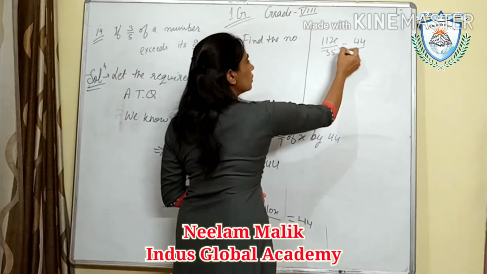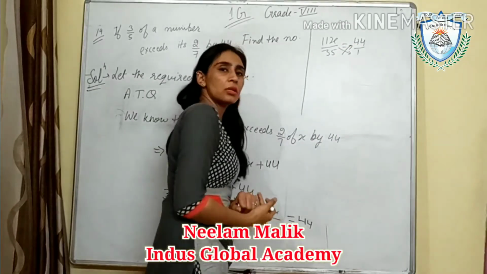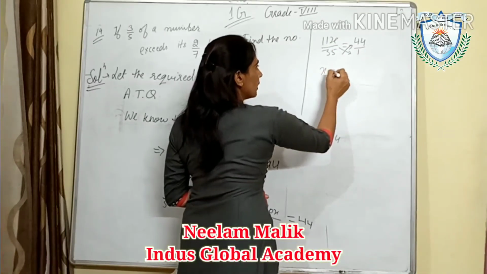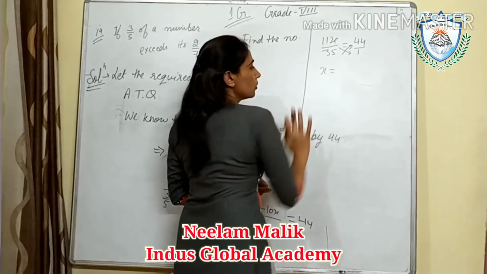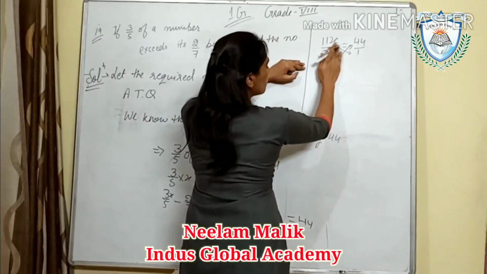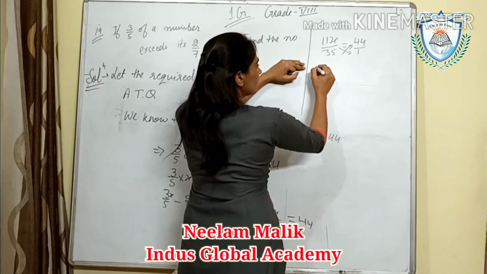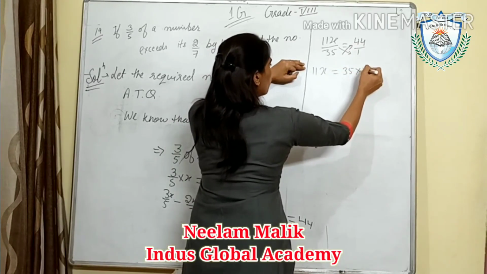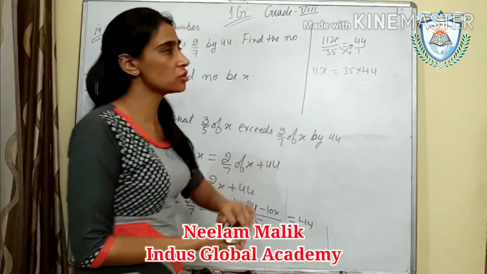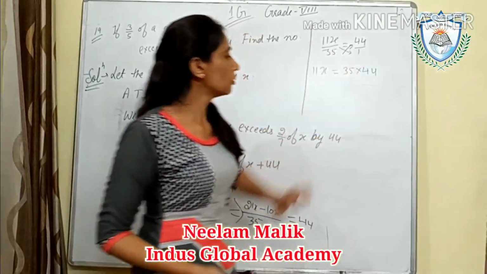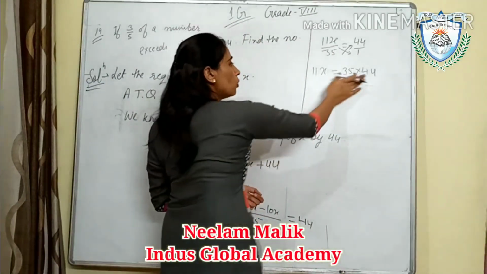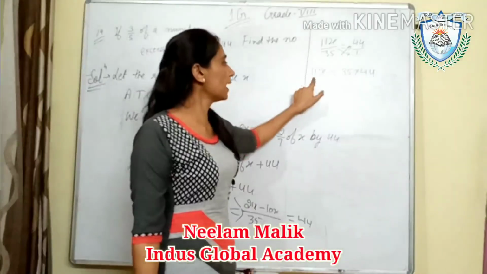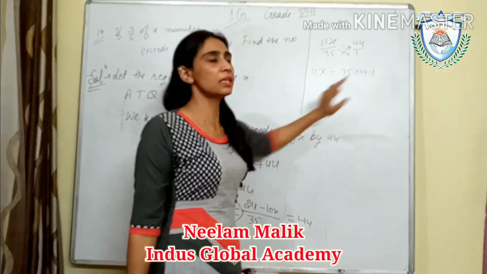So here we will do the cross multiplication. 11x is equal to this 35 into 44. Now no need to multiply this first, take this 11 and take it on the other side.